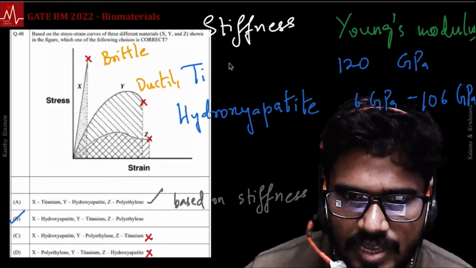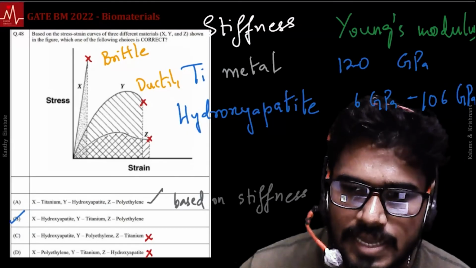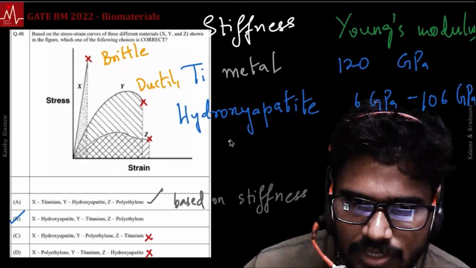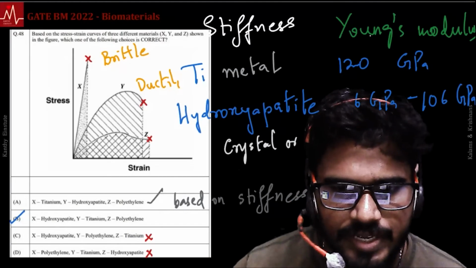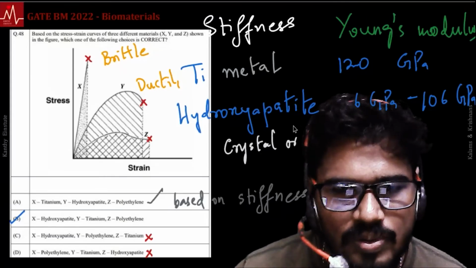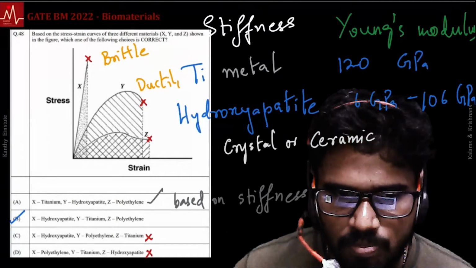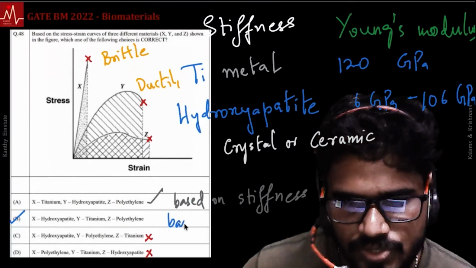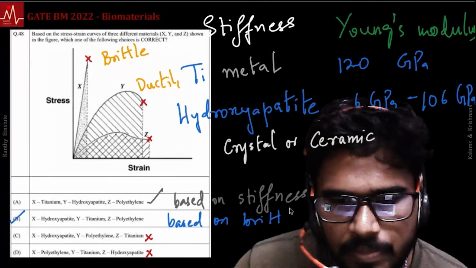In fact, titanium metal is ductile. This hydroxyapatite ceramic is typically brittle. So based on brittleness and ductility, option B makes sense.